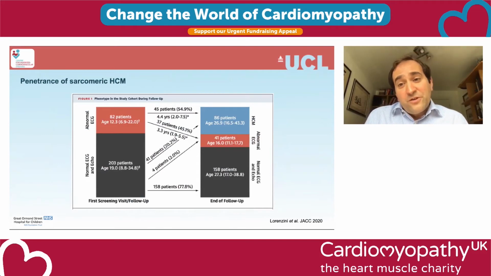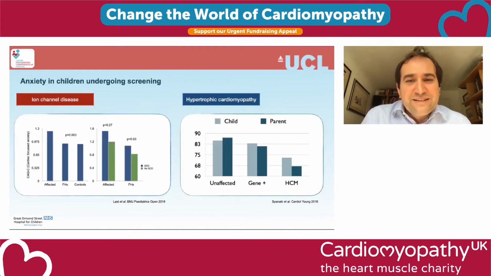And in those in whom we don't make the diagnosis at the very first visit, which actually is a minority of patients, in over 50% of those, the condition then does develop, and often that develops within the period of childhood and the teenage years. So the current guidelines that don't recommend routine screening in childhood, I think are not necessarily the right approach, and certainly not the approach that we have taken.